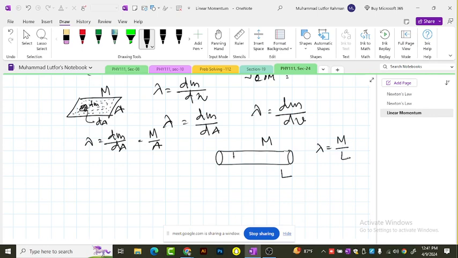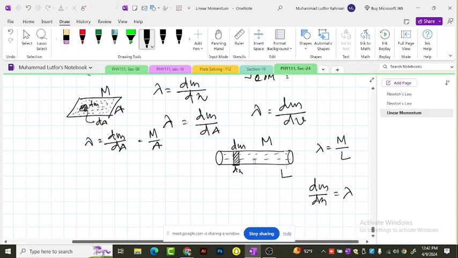Now if I take a smaller region that has a mass dm and its length is dx, and I also get dm over dx equal to the lambda ratio, then I can say the mass is homogeneously distributed throughout the rod. That's the definition of homogeneous distribution of the mass. It's also the same for the two-dimensional case, and also for the three-dimensional case.